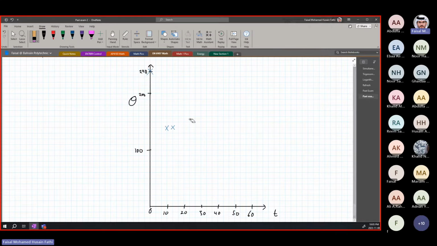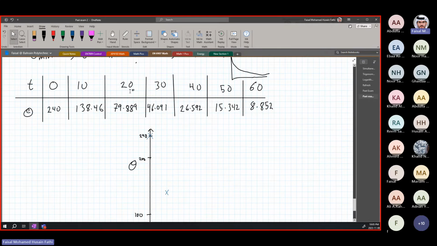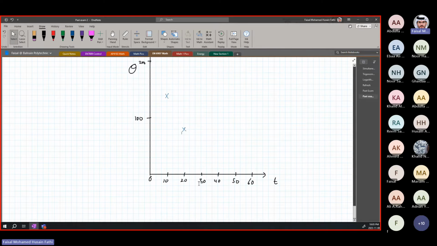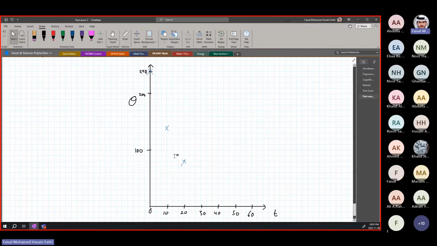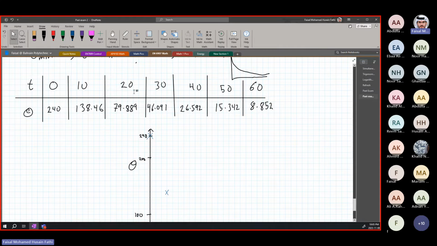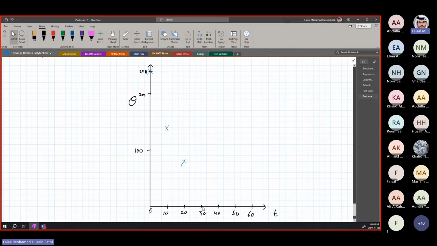So just plotting the points. Next point, 20, 80, so this is 100, 90, 80, we go to 20. If you take every 5 as well, in between it will make it easier, because you'll plot a point here, plot a point here, so it will be a bit easier, but I'm just doing it quickly because of time. For 30, 46, say approximately 45, coming right in the middle.